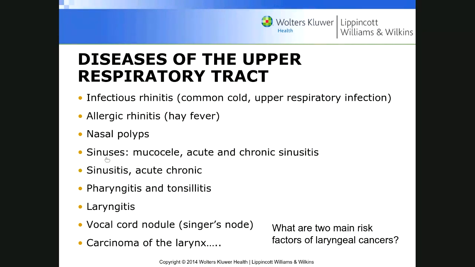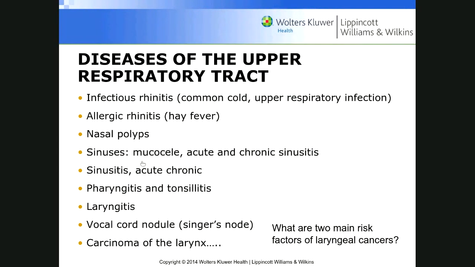Now, sinuses. In the upper respiratory tract, you have your frontal bones here, maybe the maxillary bones down here, and the ethmoid bone down here. All of that will have sinuses. If you have a blockage of the drainage in the sinuses, you can develop sinusitis.